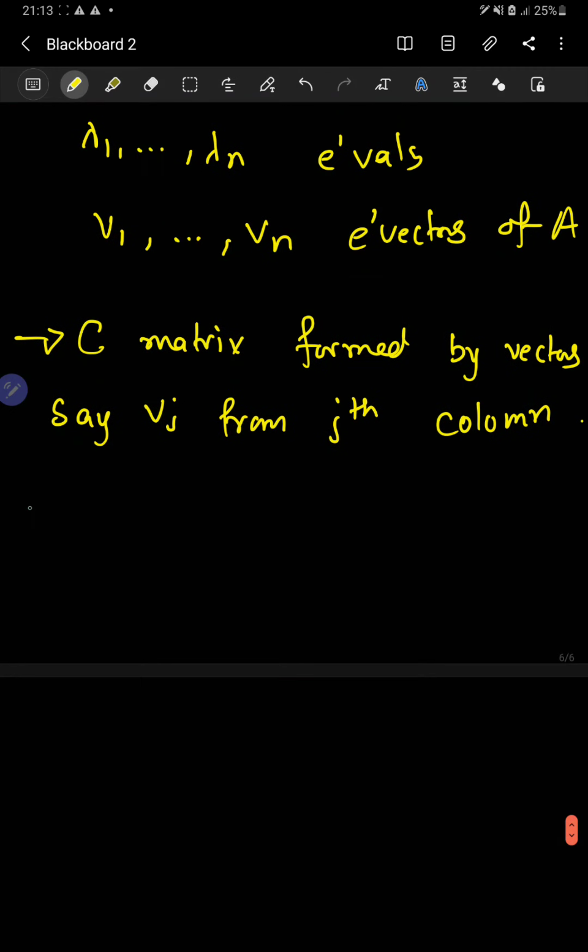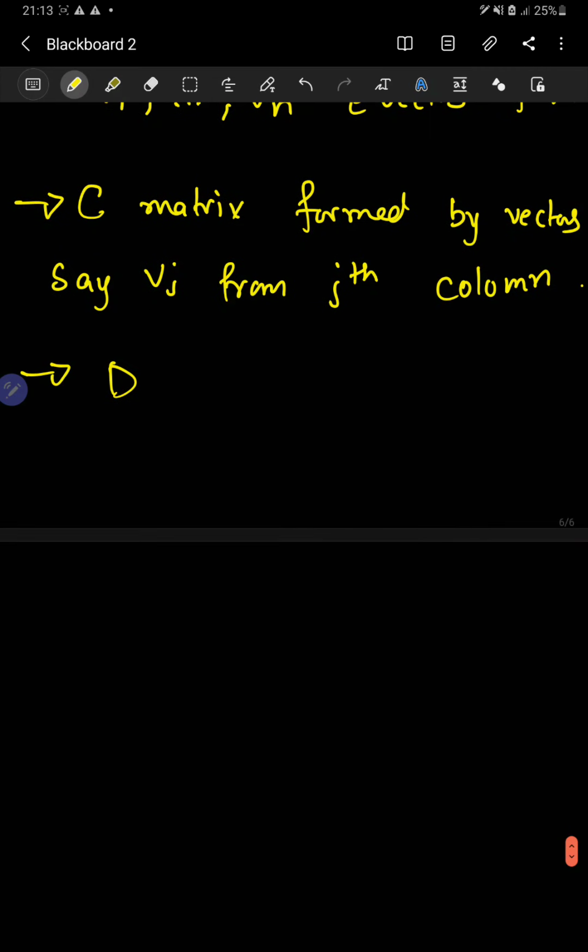This will become clear in a bit. And D is the diagonal matrix whose entries are lambda.